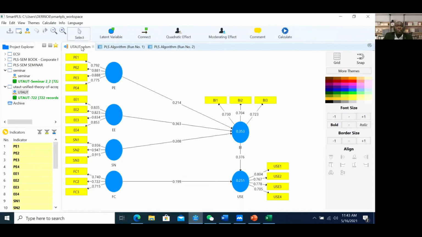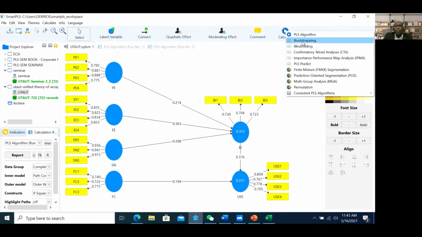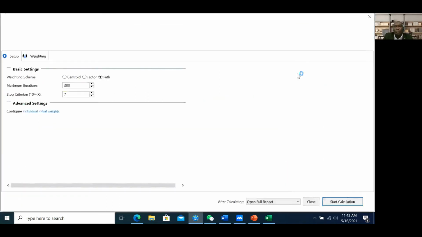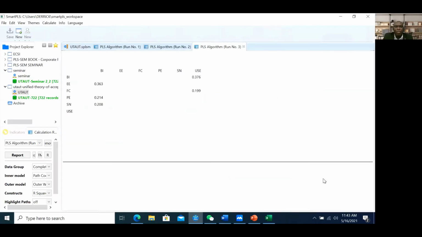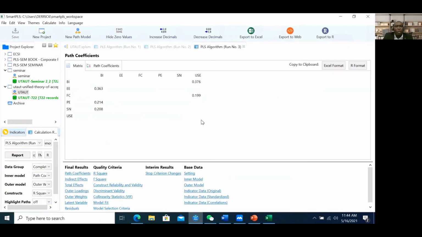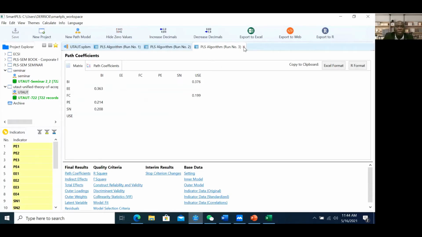So for instance, let me rerun this again. Great. So you see, I have recalculated. So it has given me run number 3. As you keep running, it keeps opening a different window. I hope that answers your question, please.